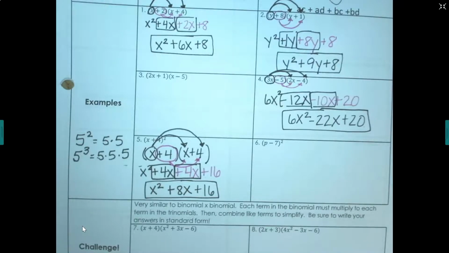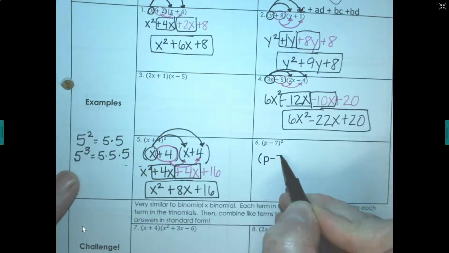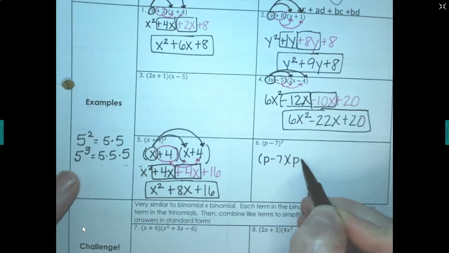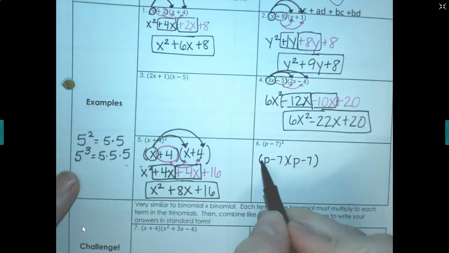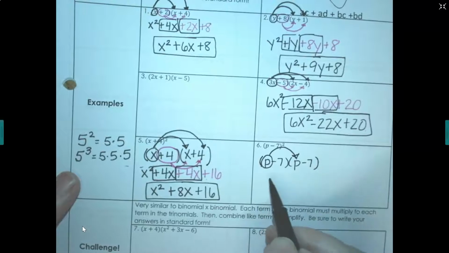Okay, let's try it again. Number 6 is the same idea. It says the parenthesis p minus 7 has to be written twice. So we're going to write p minus 7 twice. And we're going to start distributing. Take this p and multiply it to the second parenthesis. P times p is p squared.